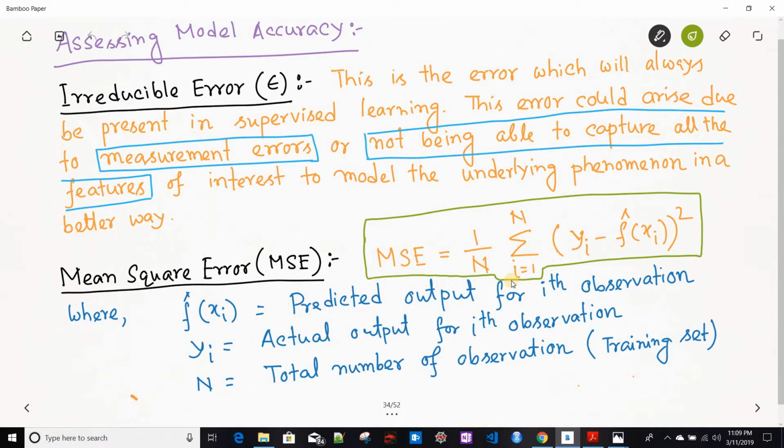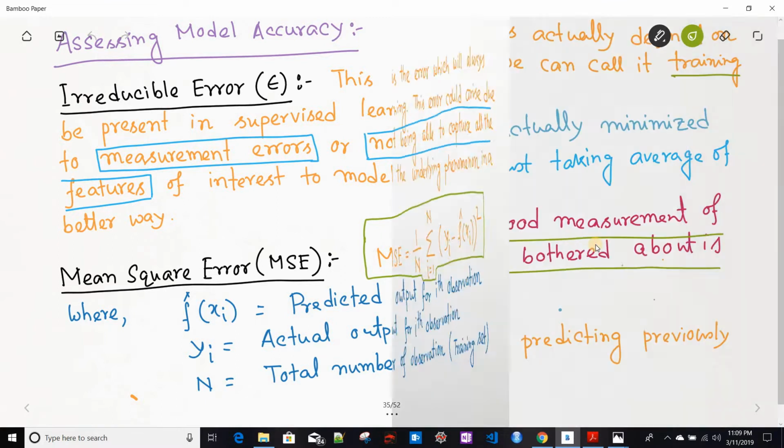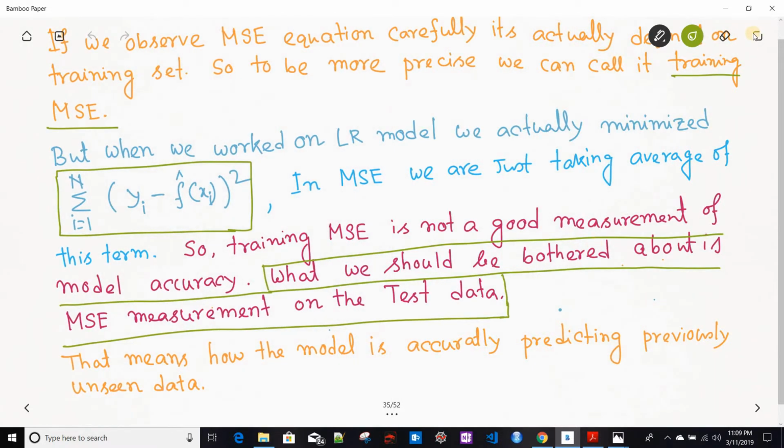So when we determine the model equation, or the line in terms of linear regression, the line which is basically fitting the data, we basically minimized this portion of this particular equation. So there is a high chance that training MSE will always be low.